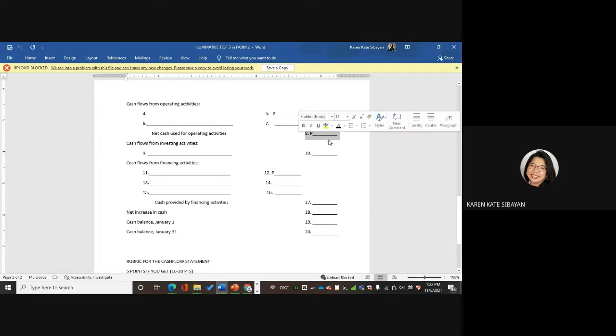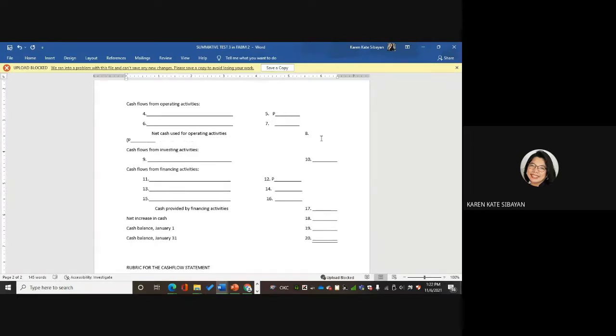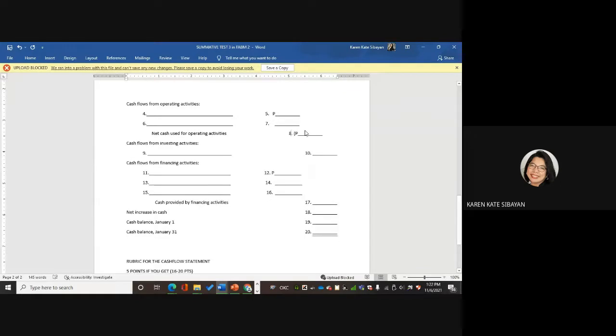So usually, negative kung ito ay negative at mas higher kesa dito. O, clue ko na: the answer here is negative already.